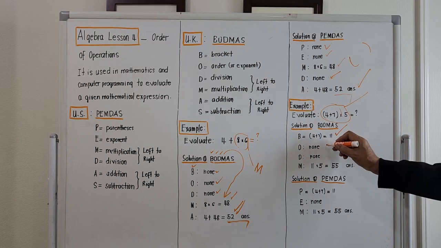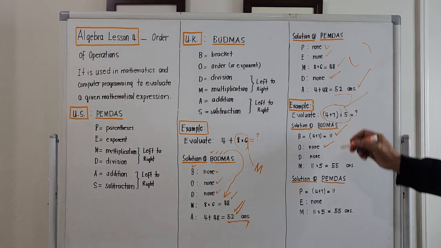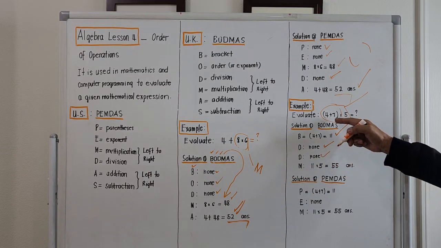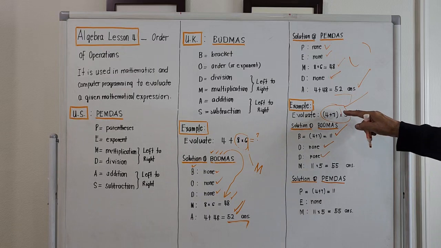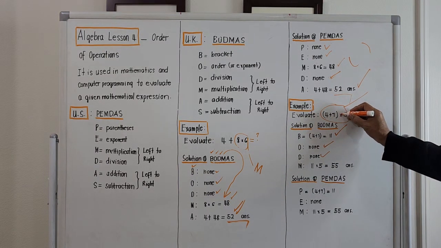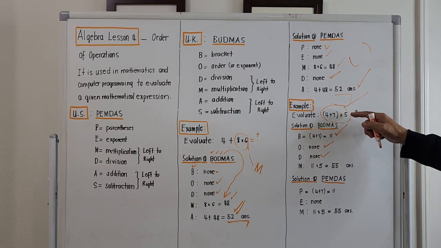None. No exponent, right? Is there a division? None. How about multiplication? There is. This quantity here should be multiplied by 5.